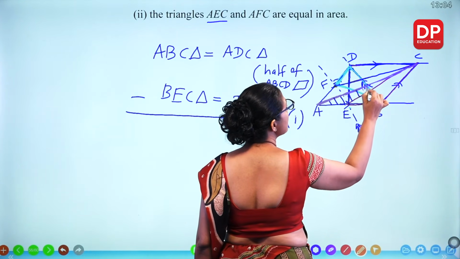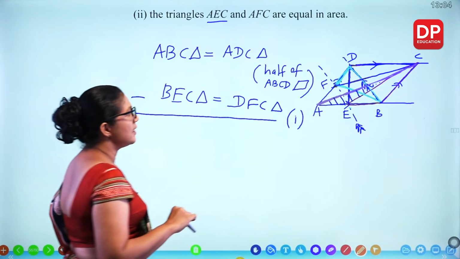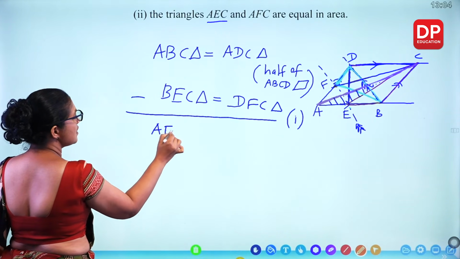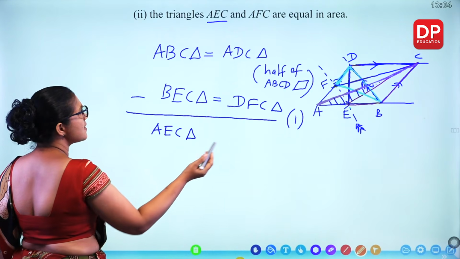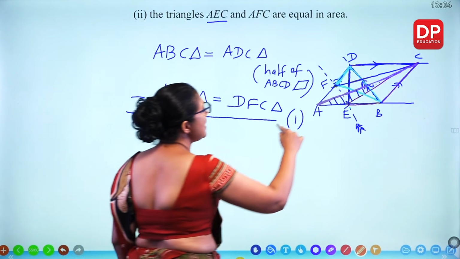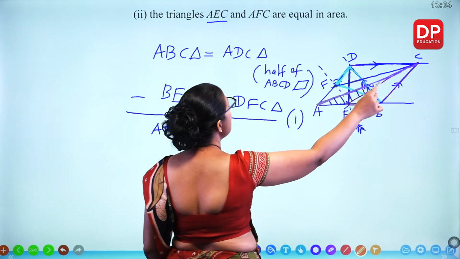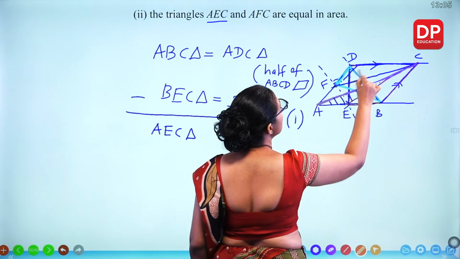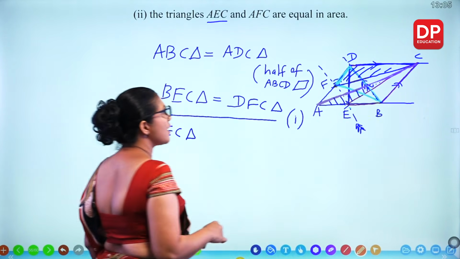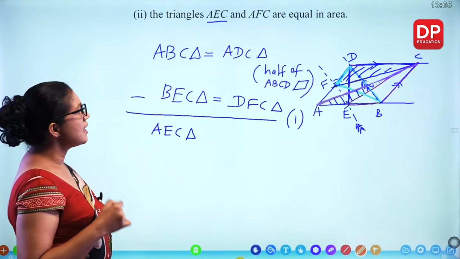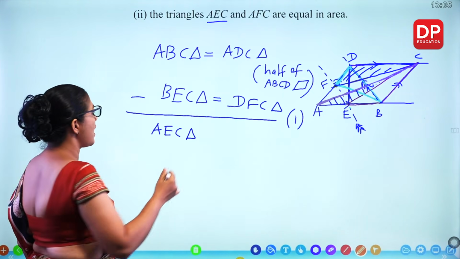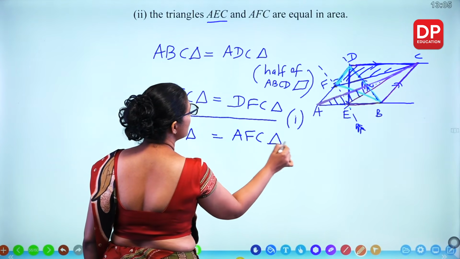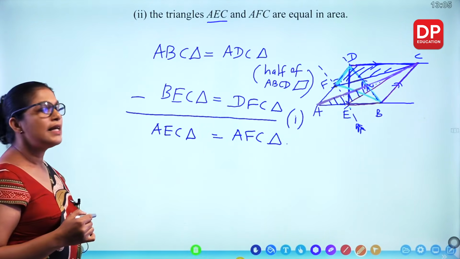We get this triangle ACE, or AEC triangle. On the other side, ADC, subtract DFC. When you subtract that one, I am getting AFC triangle. So these two are also equal in area.